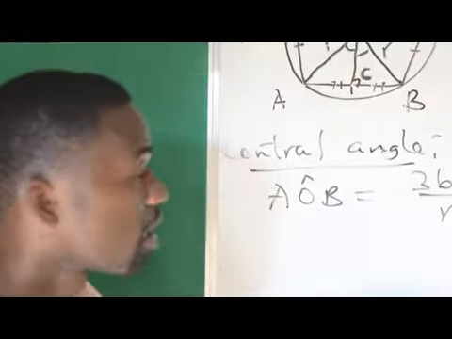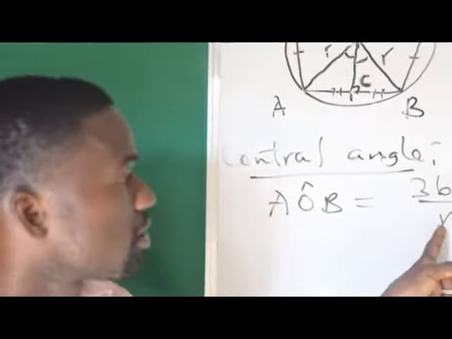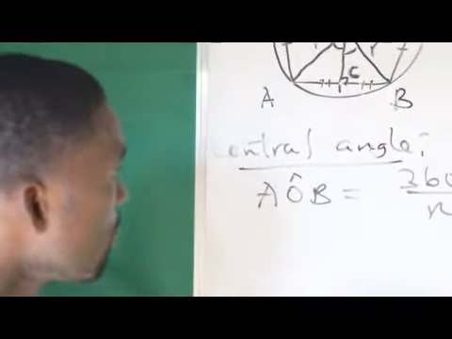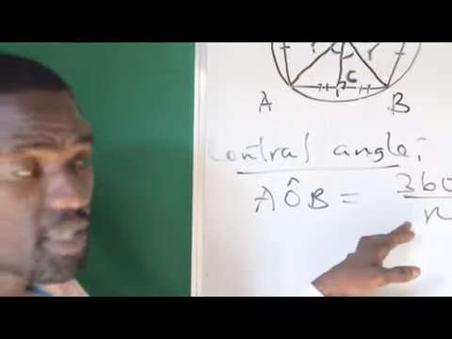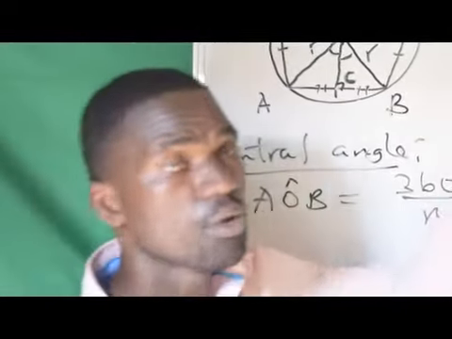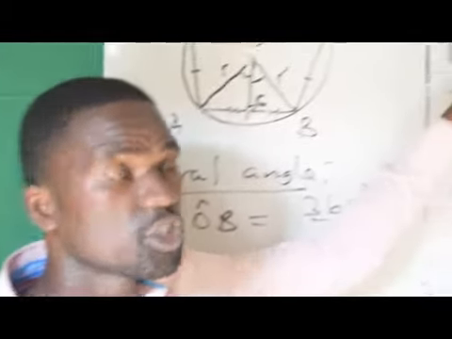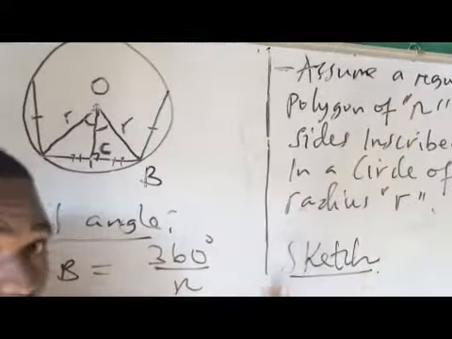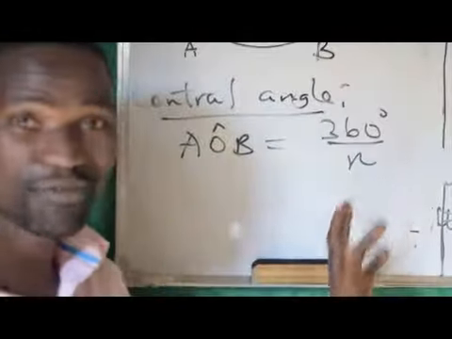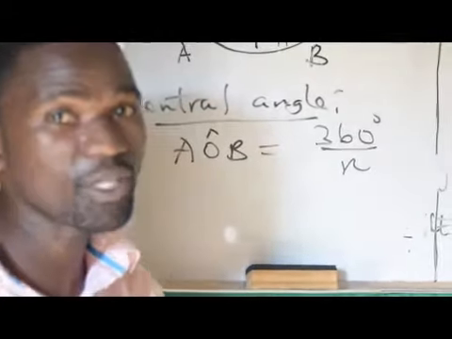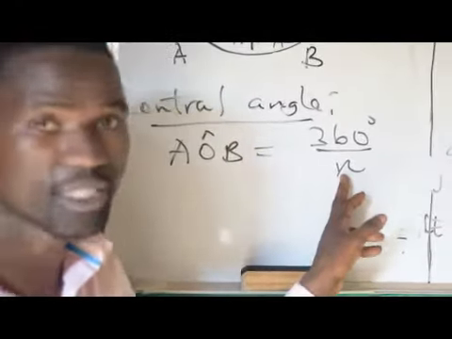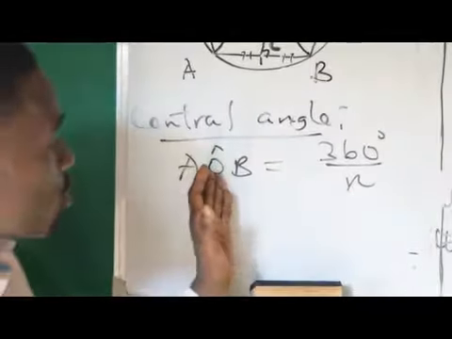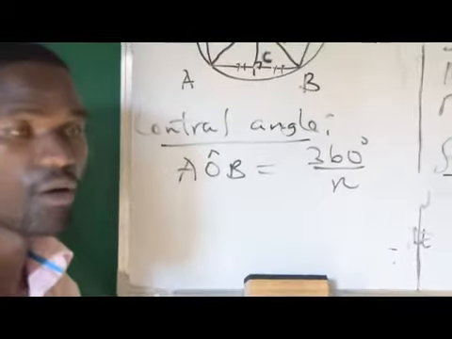If it has 3 sides, you put 3 there, and you will get the central angle AOB. But because we assumed that the regular polygon has n sides, we don't know for sure that n is 5, 4, 6, 10, 100 or whatever. We are not sure, so we just put n as n. So the central angle is going to be given as 360 degrees over n.